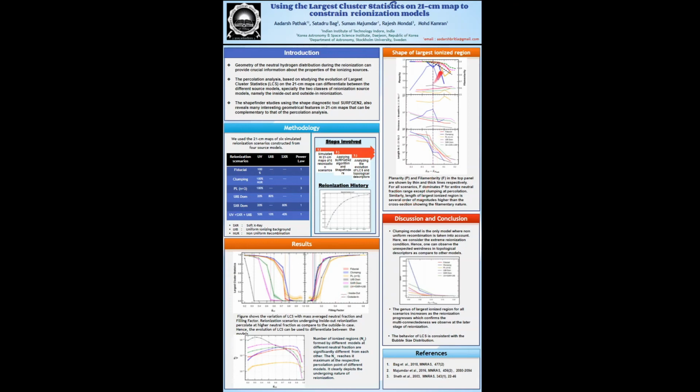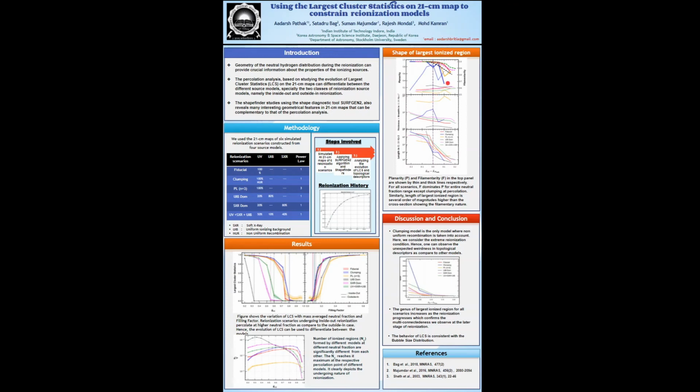Now by following the largest ionized region, we can also get information about the shape and geometry of the ionized region. Here from the bottom two panels, we can see that the cross section of the largest ionized region almost remains the same or stable as the reionization progresses, but the length increases, which is several orders of magnitude higher than the cross section.